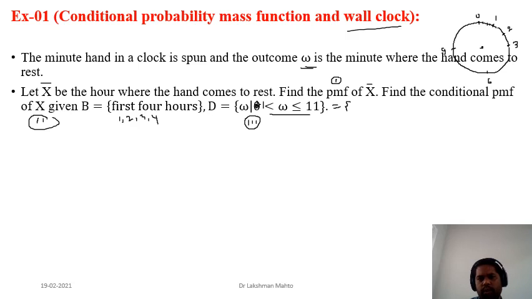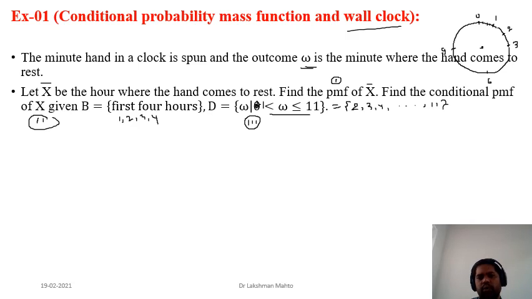That means we don't have to include 1, we have to exclude 1. So D will take values 2, 3, 4, 5, 6, 7, likewise up to 11.